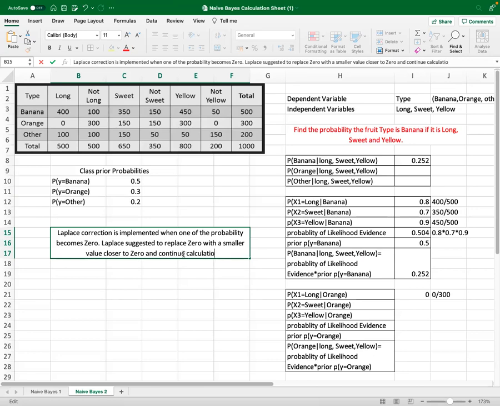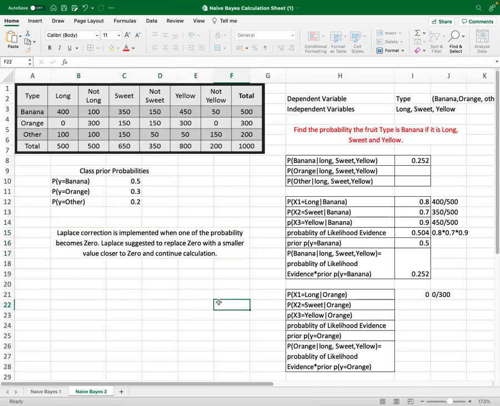In real-time scenarios, we will see cases where you will get 0 probability. When you get this 0 probability, what Laplace, a statistician, suggested is, you replace that 0 with a smaller value closer to 0 and continue calculation.